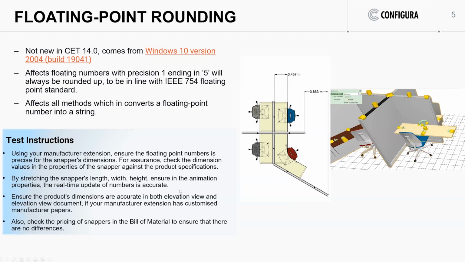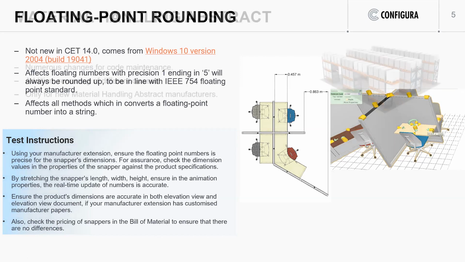If you have that, please check that the elevation view dimensions are accurate. Also, please check the pricing of the snappers in the BO material, just to ensure you don't lose a cent. Basically, there should be no differences as you compare against CT 13.5.